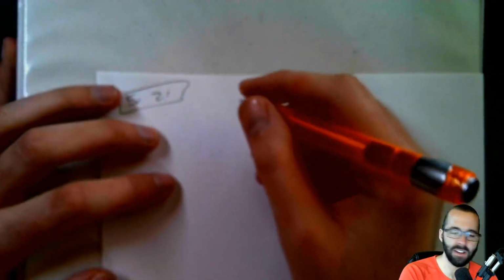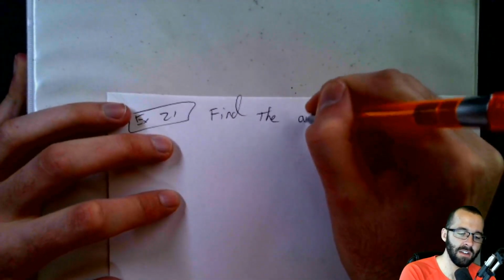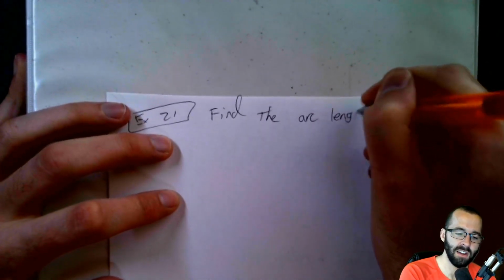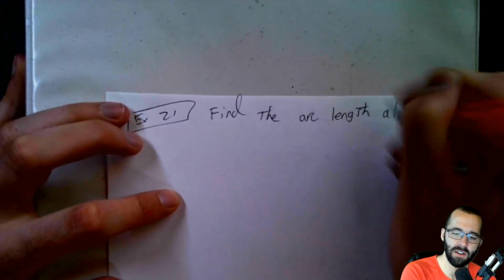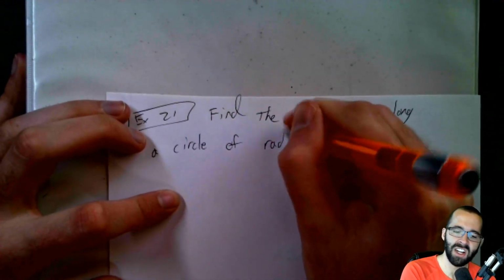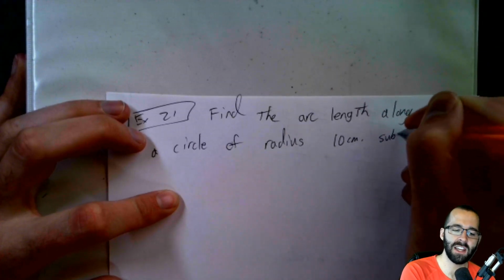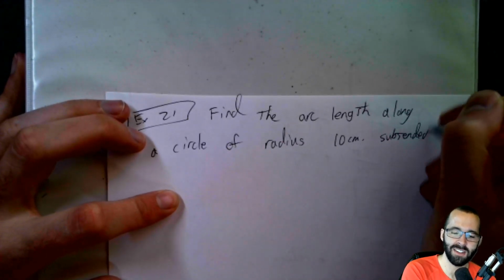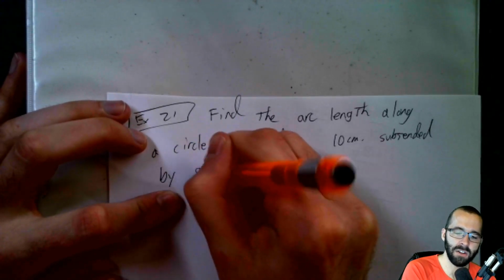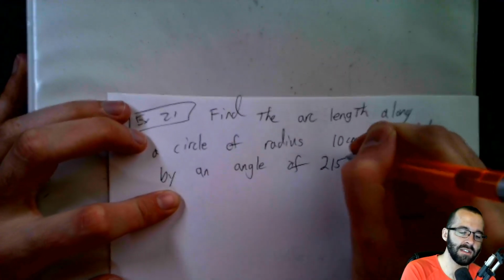So, yeah, a little vocab here too. Find the arc length along a circle of radius 10 centimeters, subtended, that's one of my favorite words, by an angle of 215 degrees.